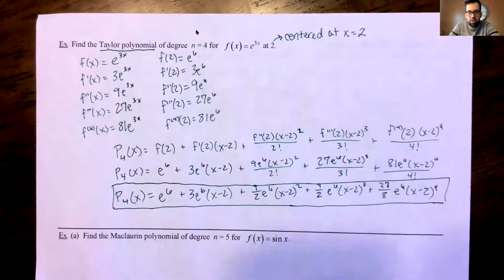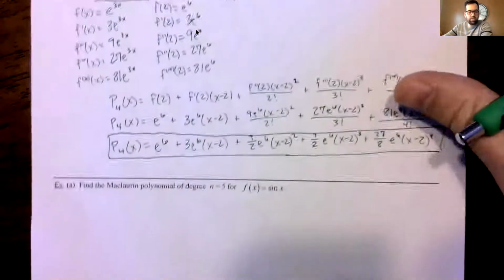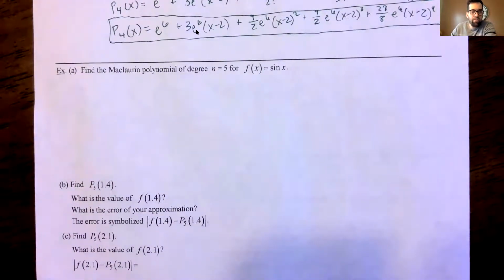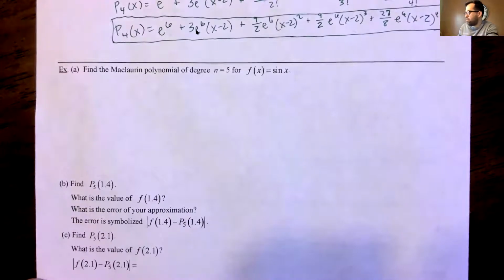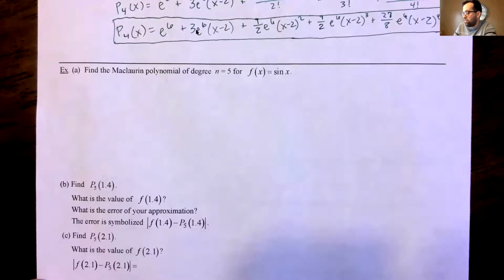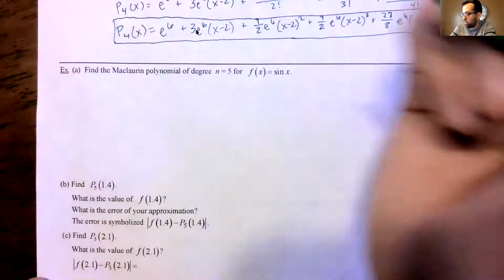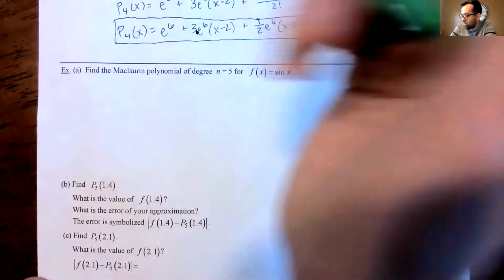All right, we have one more example here with a couple parts. So let's take a look. In part A, we're going to find the Maclaurin polynomial of degree n equals 5 for f of x equals sine of x. So we need the first 5 derivatives of sine of x. So I'm going to list that out over here on the left.